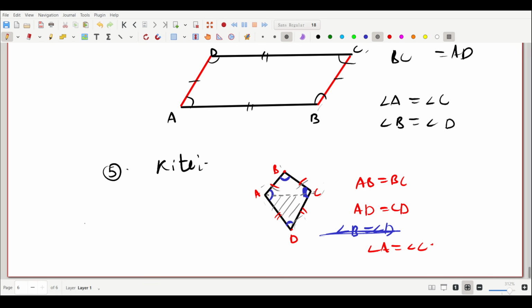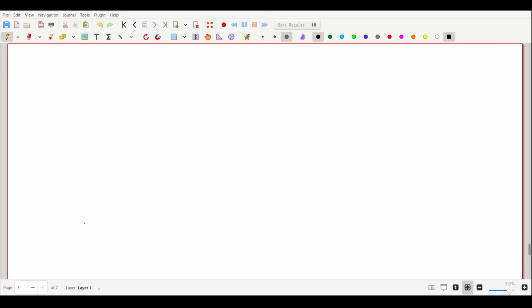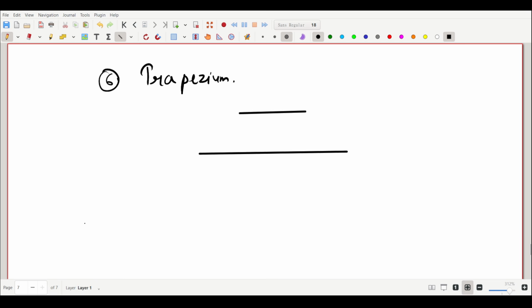The last quadrilateral, which is also important, is the trapezium. What is a trapezium? In a trapezium, there are two parallel lines of unequal length. That is the only property. Now join the other sides also.